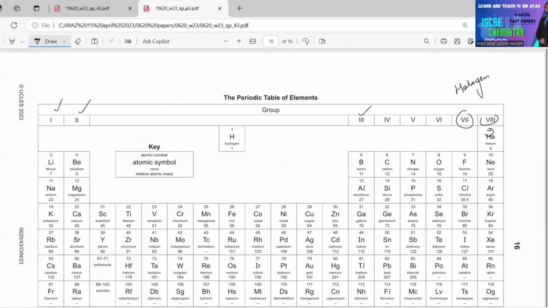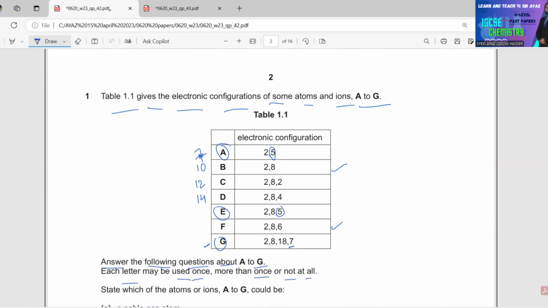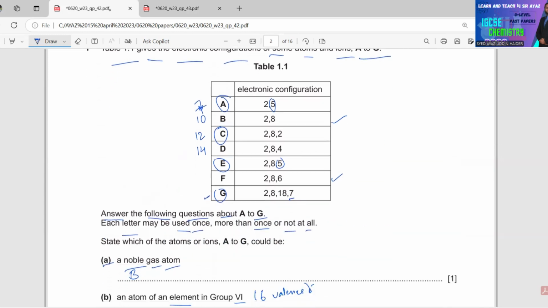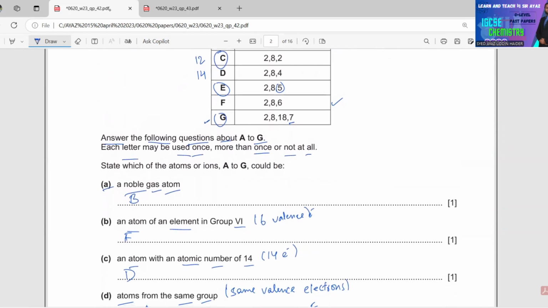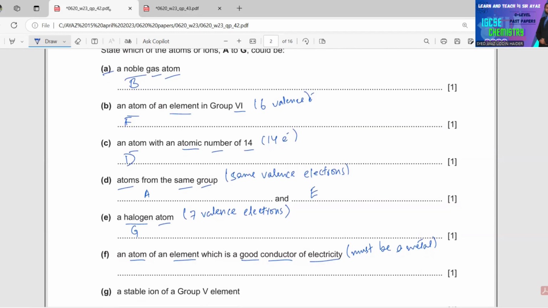These are of metals and they have 1, 2 and 3 valence electrons. So if you look at the table, you have to look for the 1, 2 or 3 valence electrons, and I will find C is the one which is having 2 valence electrons. So C must be the right answer in this case. It's a metal, it must be a good conductor of electricity. So I write C here.